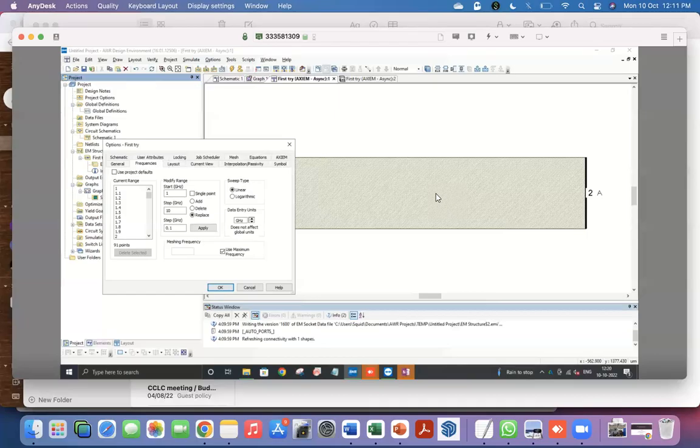So this is something we have not seen so far, but anything you create, whether it's a circuit which has many components or an EM structure which has many ports, they can all be used as a sub-element in a different circuit. So you can solve for different components and then combine them as a circuit by just connecting the ports in a circuit schematic. I'll show you how that looks after we finish the simulation.